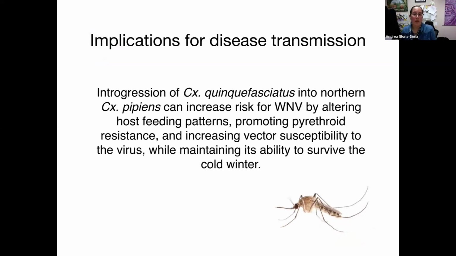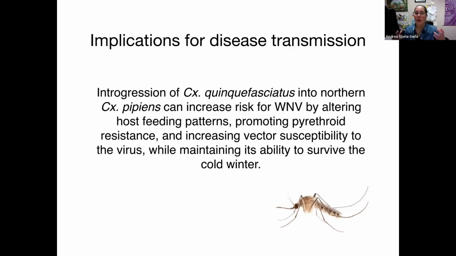And well, why do we care about the movement of these mosquitoes and the hybridization? Because as I said, Quinquefasciatus and pipiens have different diapause abilities, host feeding patterns, and insecticide resistance patterns, and they have been reported to have different vector susceptibilities for different viruses.